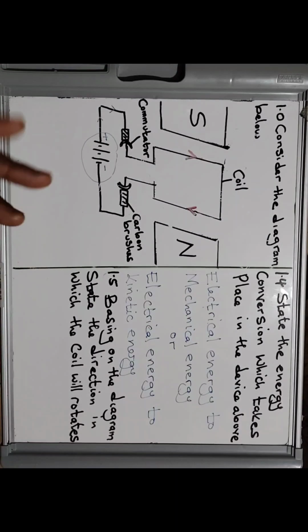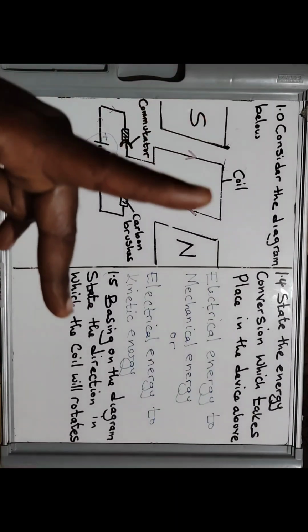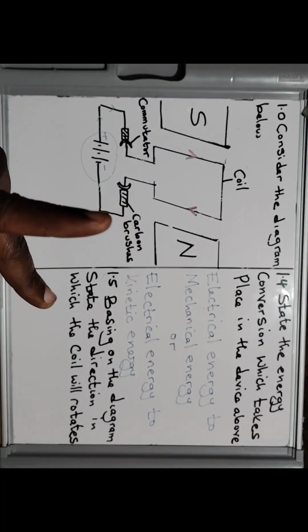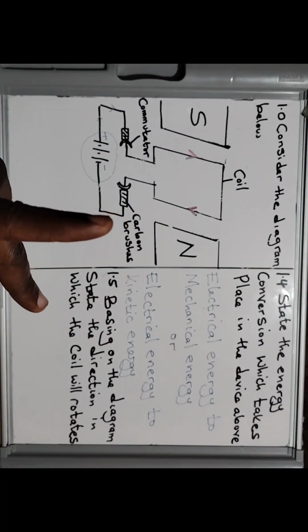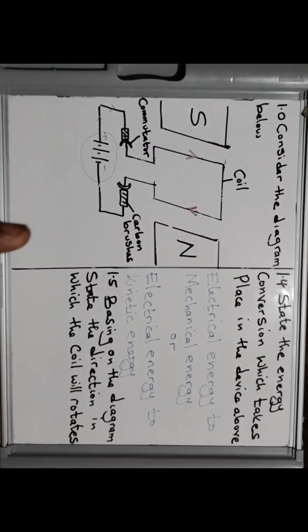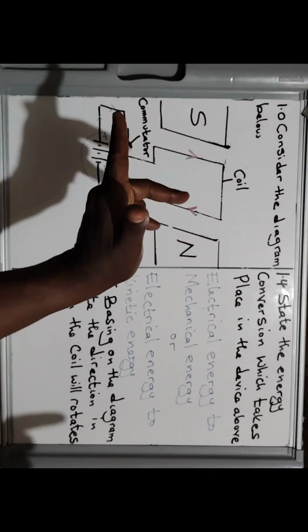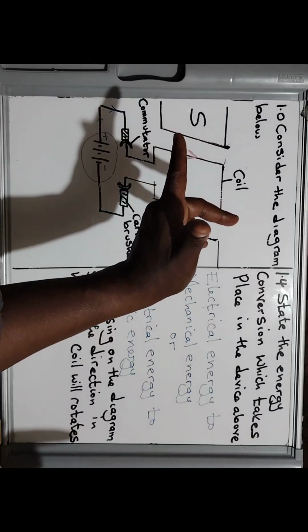So there we come with our fingers. I repeat, thumb is motion, which we are finding out. It's the one we don't know. The first finger is field, which we know. The field is from north to south, so I'm putting my finger like this.